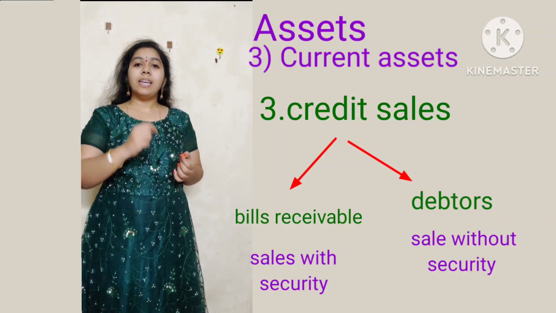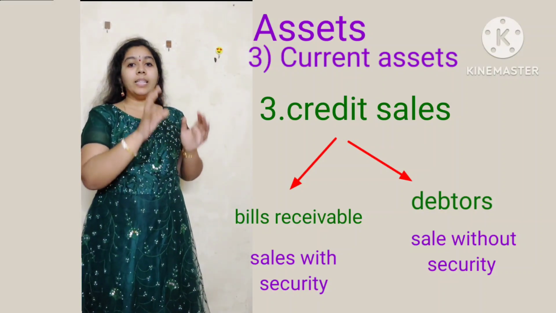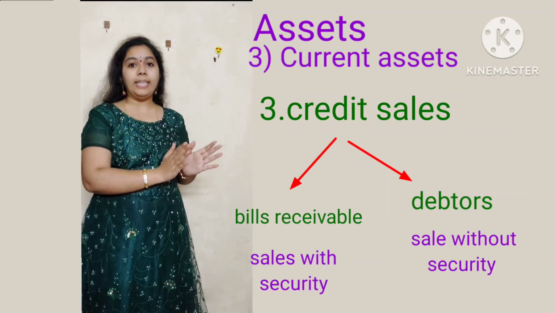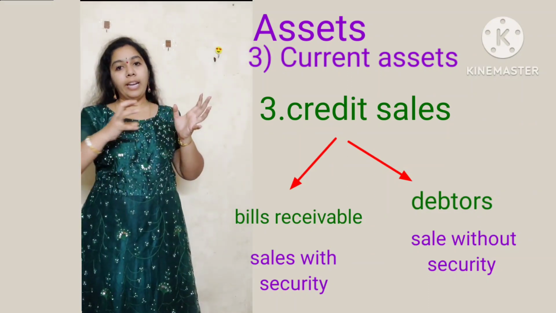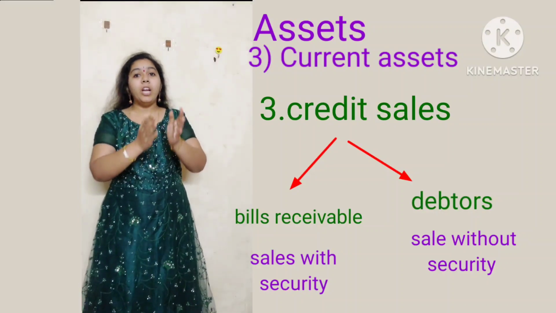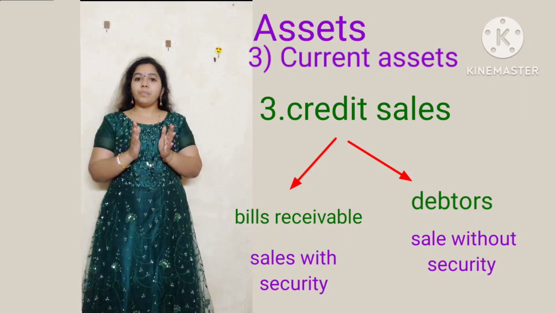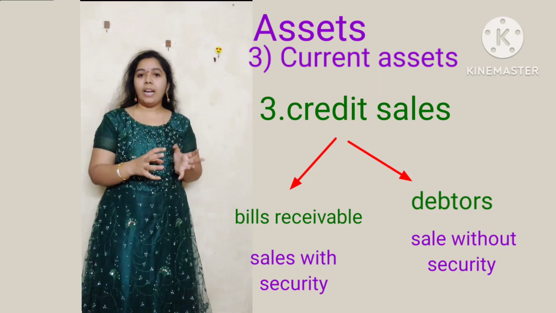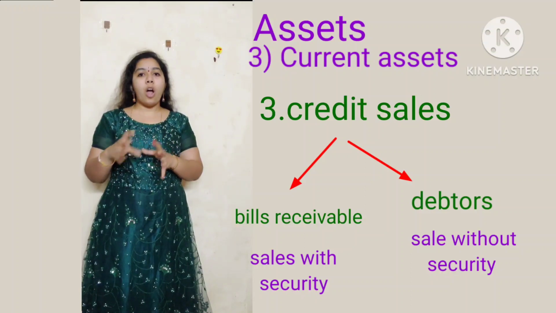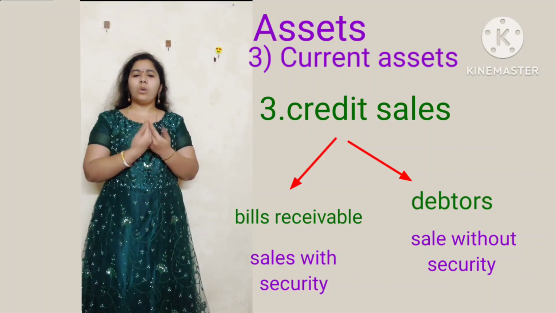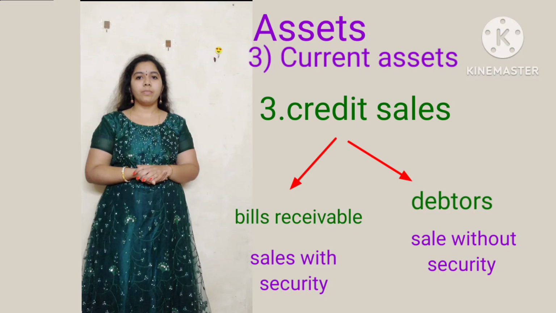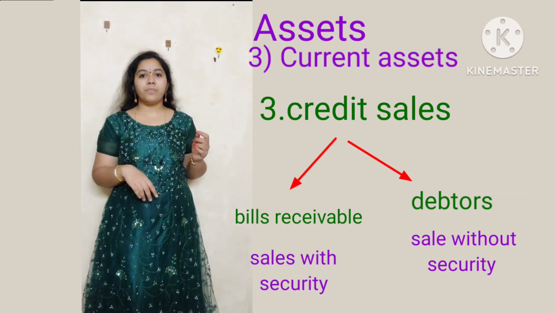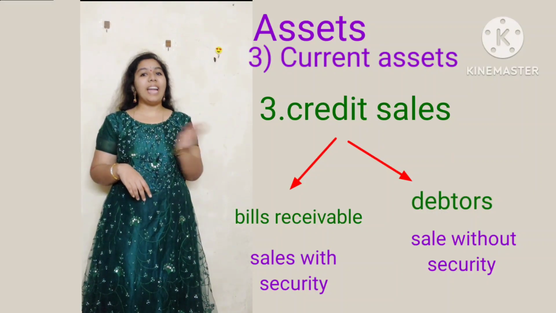That's why I write a bill with the name of the creditor, the name of the debtor, and the quantity of the product, everything noted in that bill. They are given some period to pay that bill. If not paid, we can go to court. So these are two types: bills receivable and debtors.